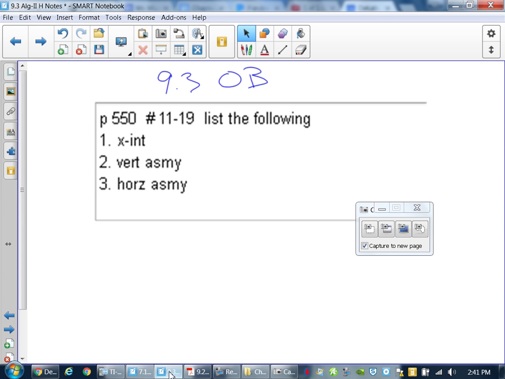But I'm not looking for you to full-on graph them yet. What I'm looking for is for you to identify any and all x-intercepts, vertical and horizontal asymptotes. If you'd like to plot them, please do, and then we'll build from there.